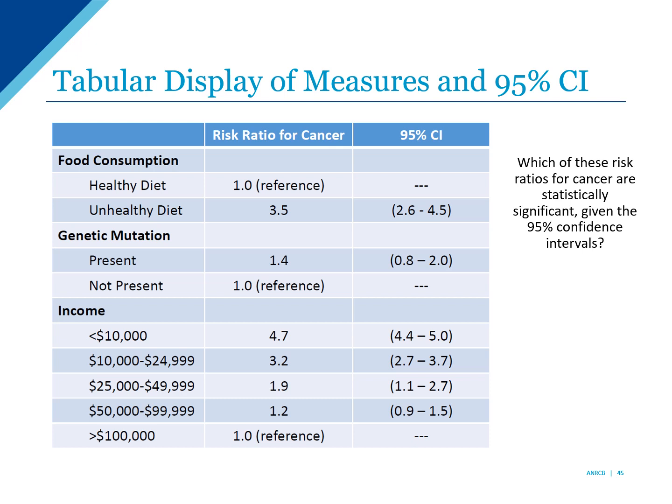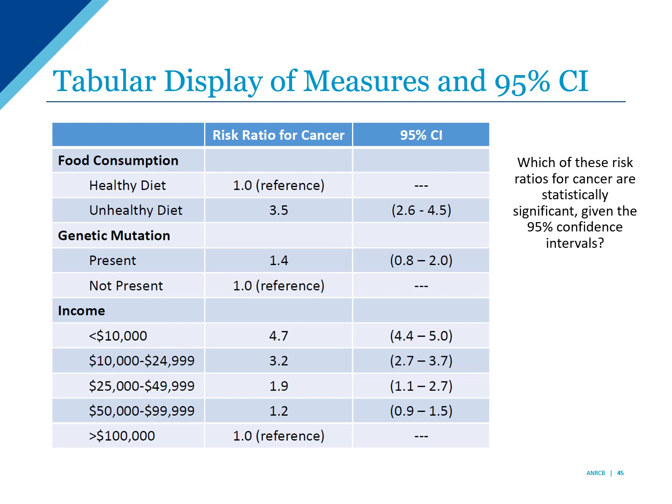Looking at this table with risk ratios for cancer given different levels of exposure, variables of food consumption, genetic mutation, and income, which of these have statistically significant risk ratios as indicated by their confidence intervals? Take a moment to look.